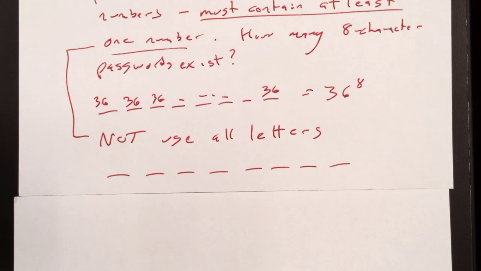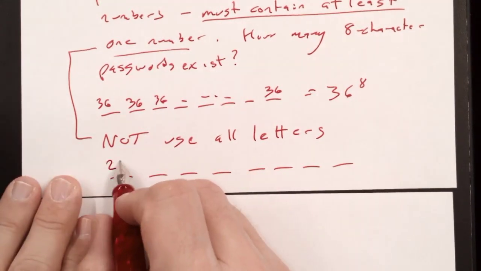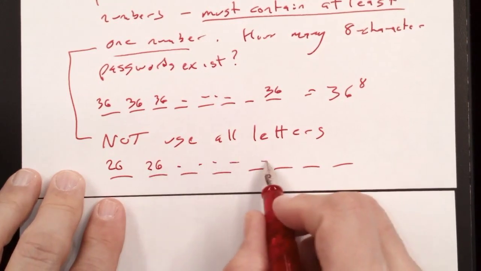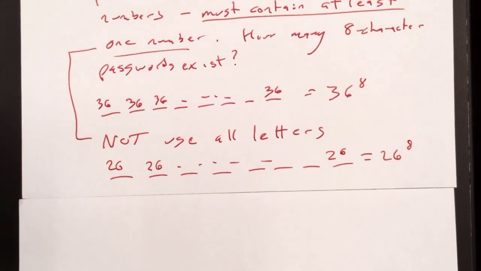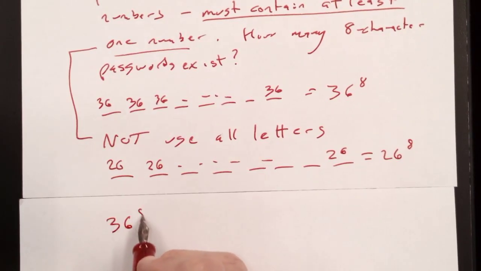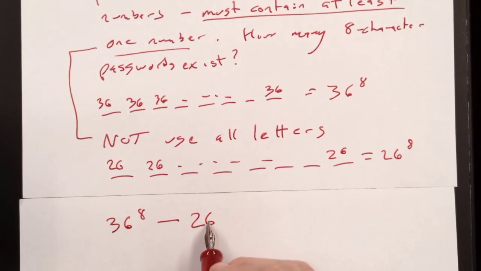Because now I'm only allowed A, B, C, D. Well, I can't use any of those extra symbols. So each of these spots would be 26, right? And those are the things I need to throw out. So my total number of choices is 36 to the 8th minus 26 to the 8th.